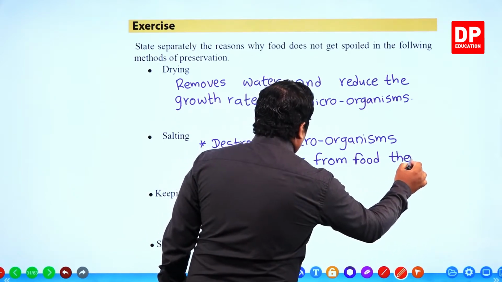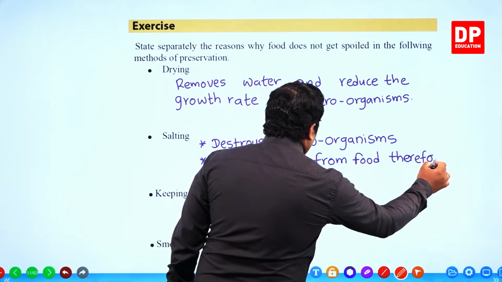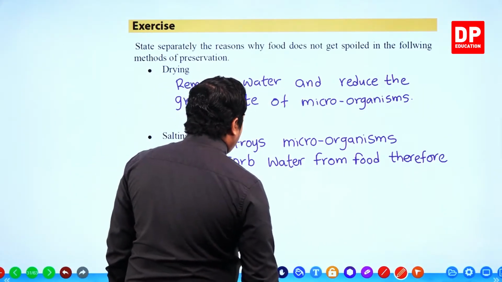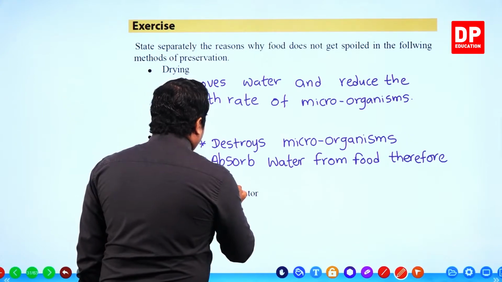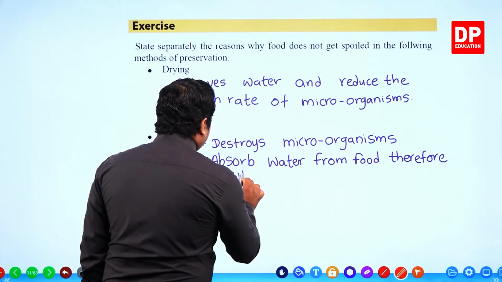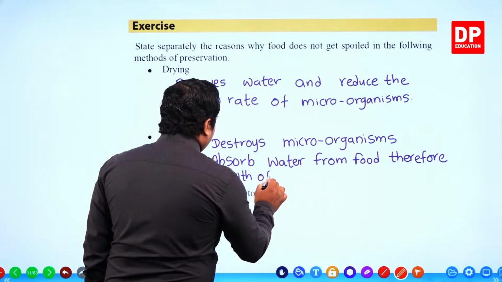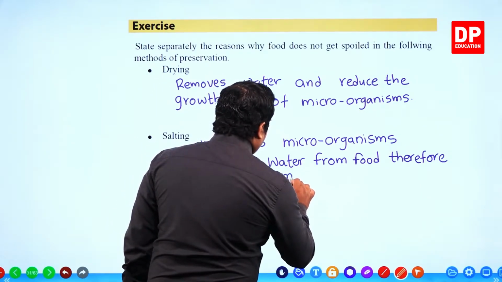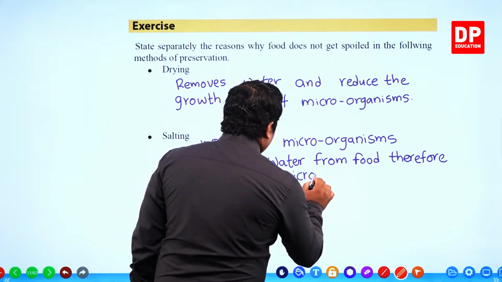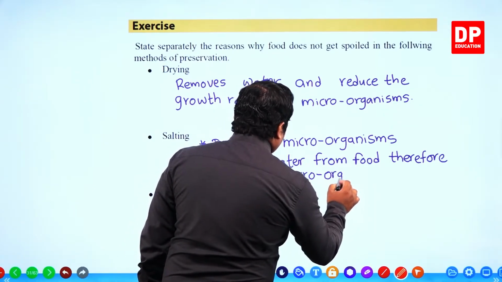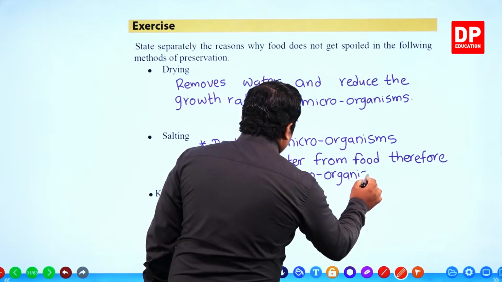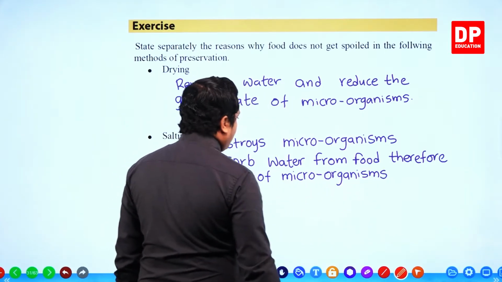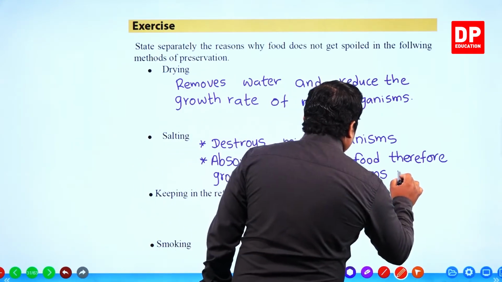Therefore growth of microorganisms is getting reduced.